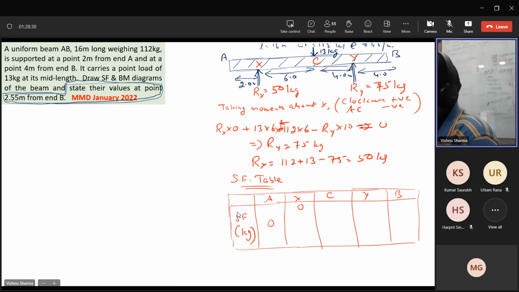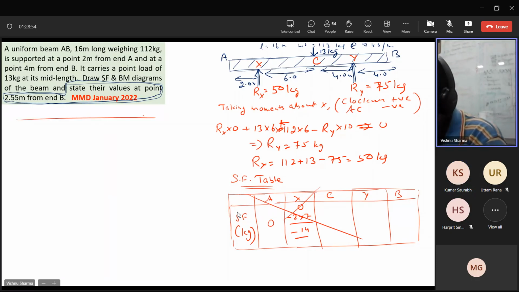Okay. Please make the SF table. Let me make it, and then I'll ask you. I'll not speak anything. If anybody wants to ask, or if I make a mistake, you can correct me. No issues. Sorry, my mistake. I made the table wrong again. Okay, no problem, I'll take it next time.